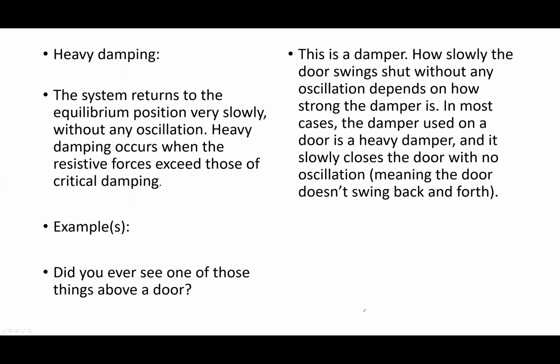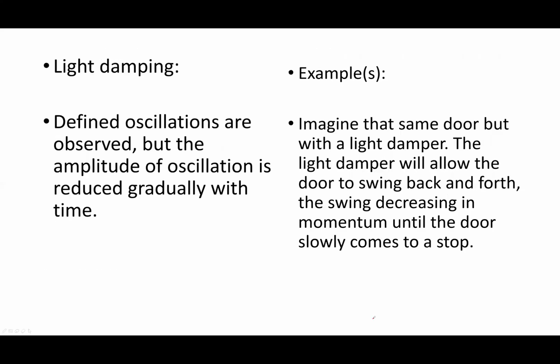And critical damping is when it returns to its original position quickly, without oscillation. Heavy damping returns to its equilibrium position slowly. Light damping: definite oscillations are observed, but the amplitude of oscillation is reduced gradually with time.